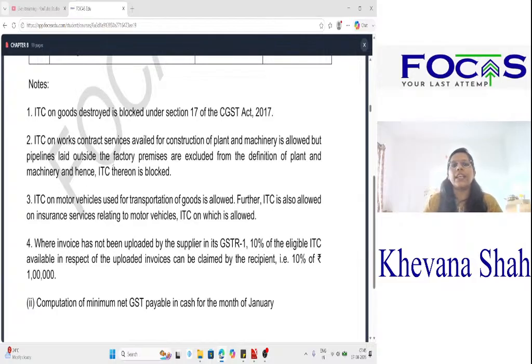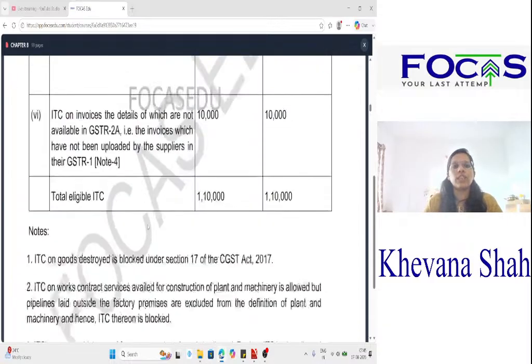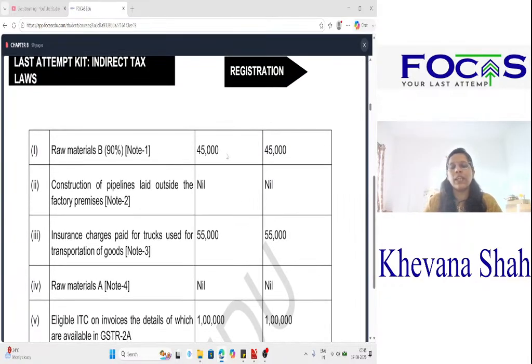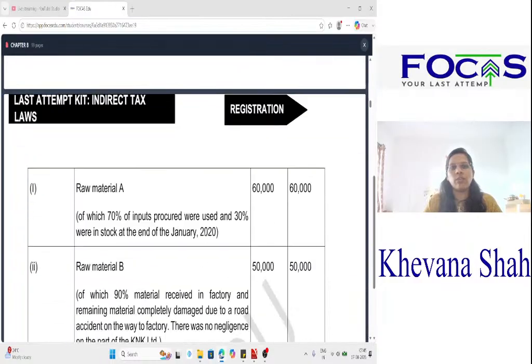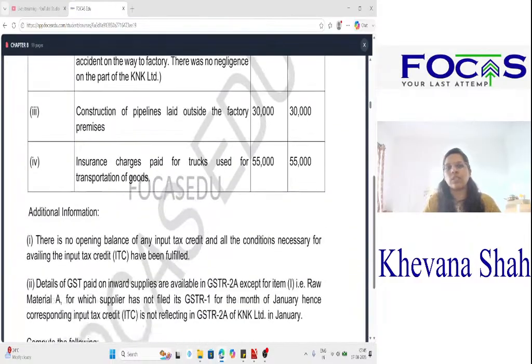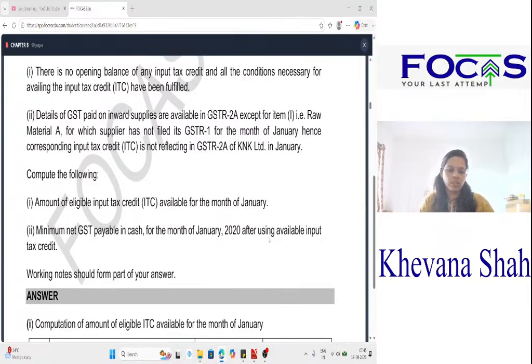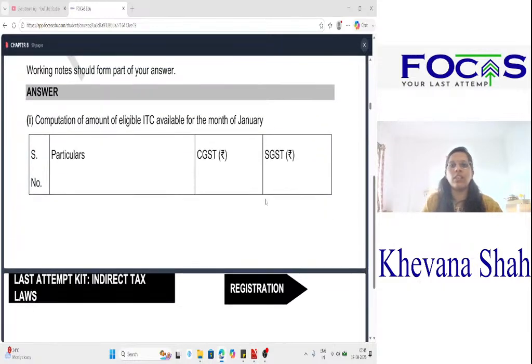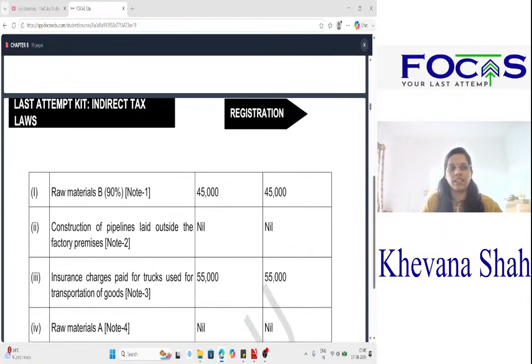We had seen that only 90% could reach, the 10% was lost, so on whatever goods are destroyed, ITC will not be allowed. So we are taking only 90% of the value. Now the bill we have is 50,000. So 50,000, take 90% first. Only on 45,000 will this ITC be allowed.